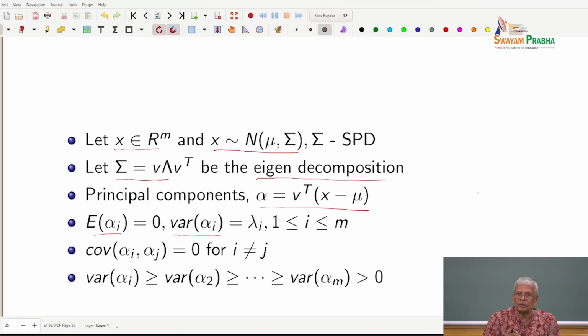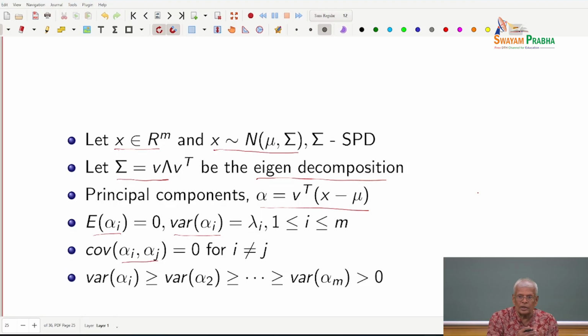That's the important thing: the variances of the principal components are equal to lambda i. That means the eigenvalues have a very natural interpretation of representing variances of the principal components. We also saw that the correlation between alpha i and alpha j is 0.